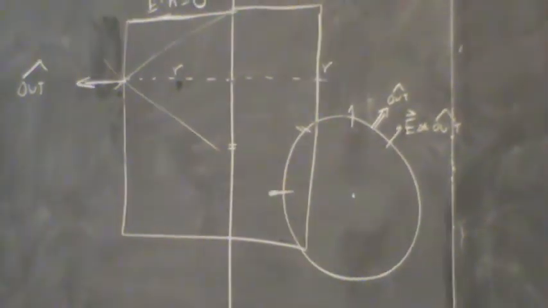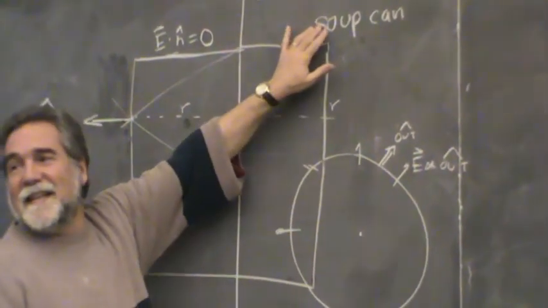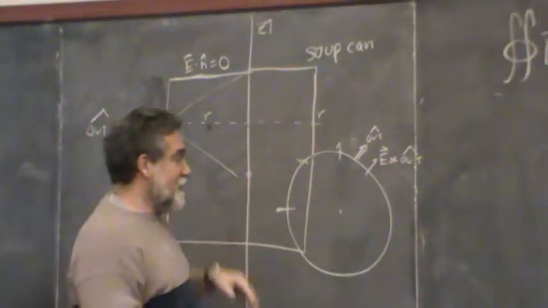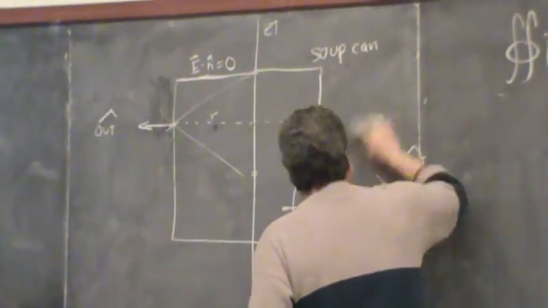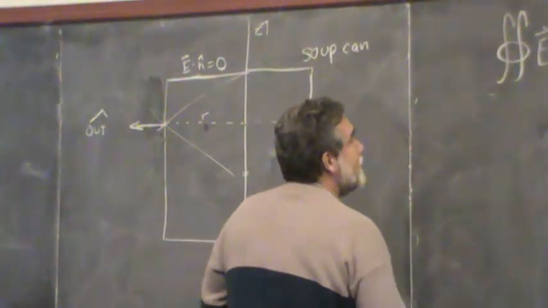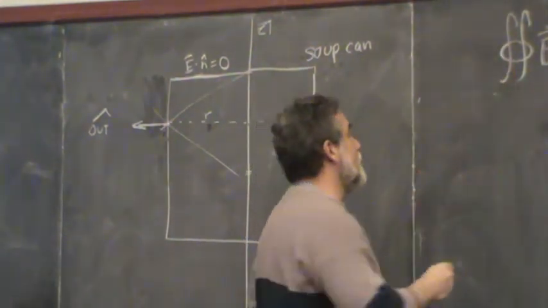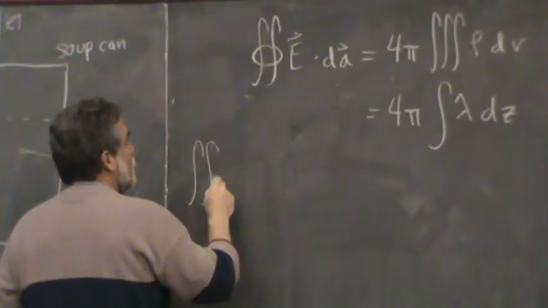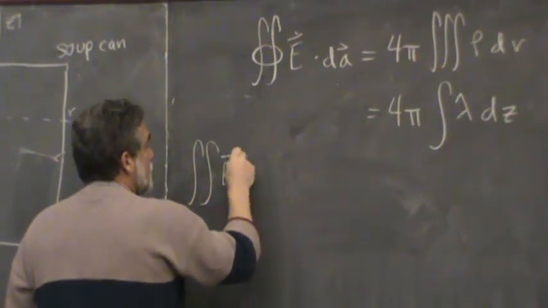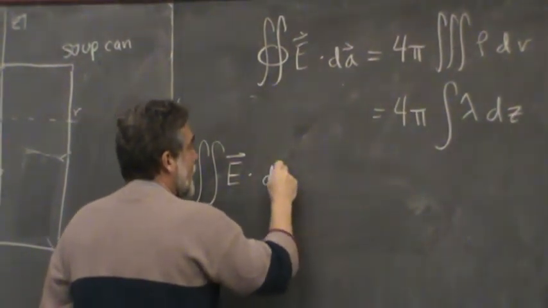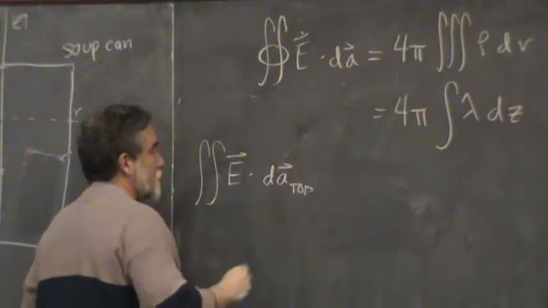All right. So, this is the soup can model surface. And then I ask what the integral over the surface is. And the integral is the integral over the top surface, dA top, right?